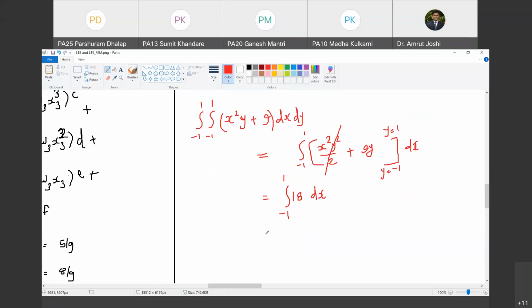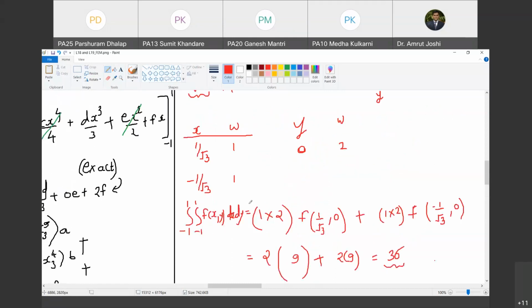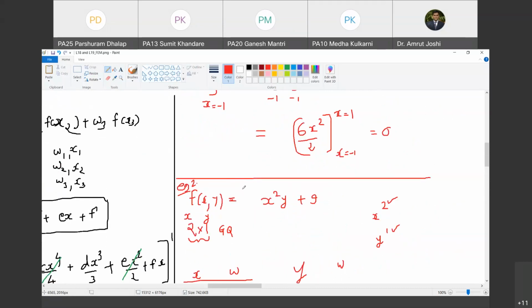So what is that integration? 18x from minus 1 to 1. So it is going to be 18 minus of minus 18, which is equal to 36. Are you with me? So this is the 2 cross 1 Gauss quadrature. Now let us march ahead.